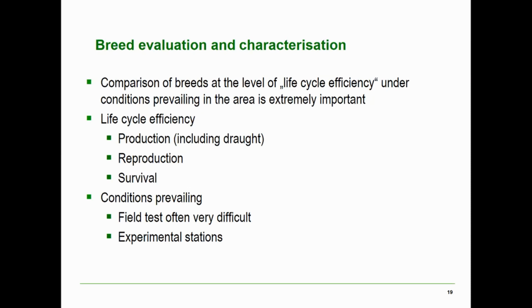So in this definition, having a calf every year for a long time is the reproduction and survival part, and then providing a sufficient amount of milk is the production aspect. So all these have to be in good shape so we can be confident that the breed that we have chosen is a good one.